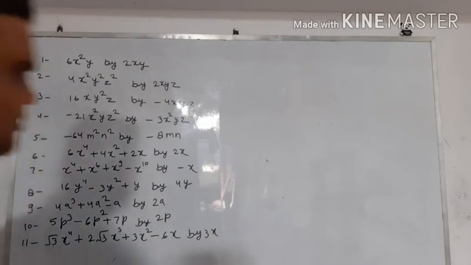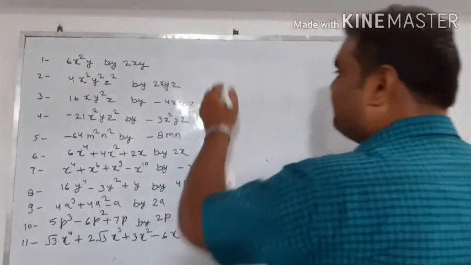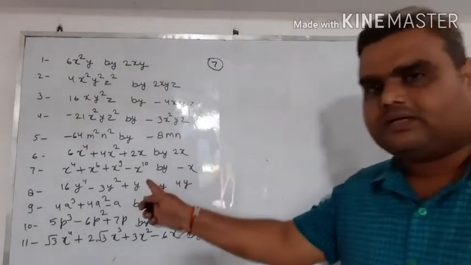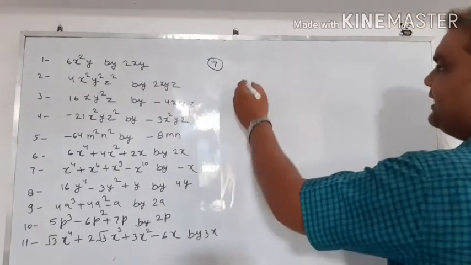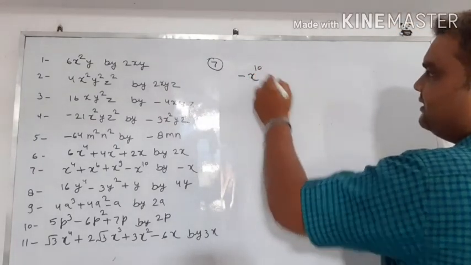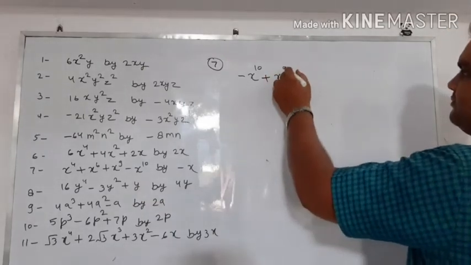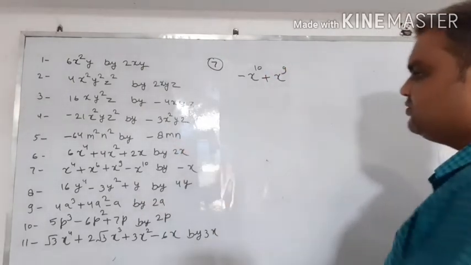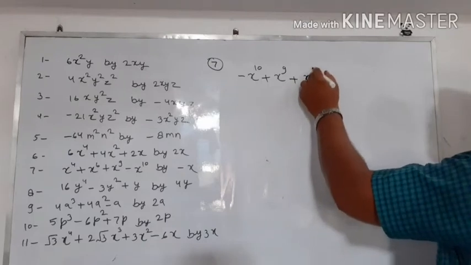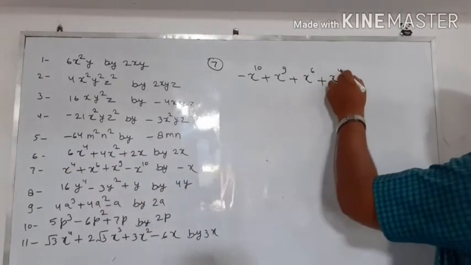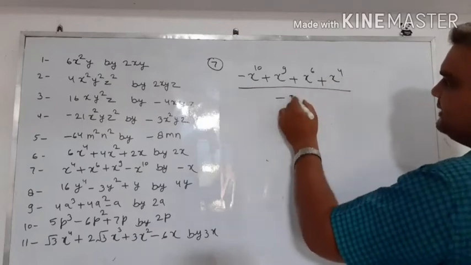First we will write the maximum exponent of the variable, that is minus x to the power 10. After that plus x to the power 9, then plus x to the power 6, and after that plus x to the power 4. And all this we have to divide by minus x.